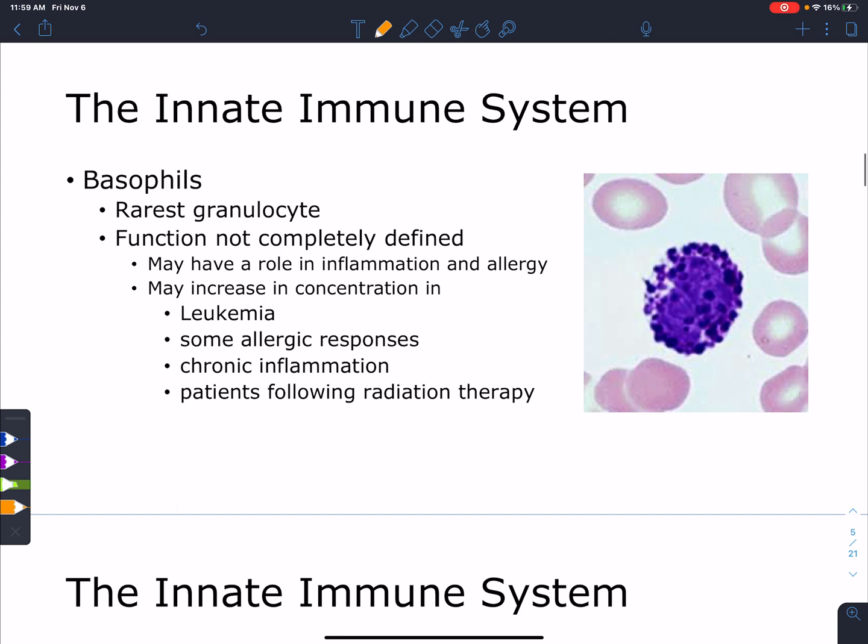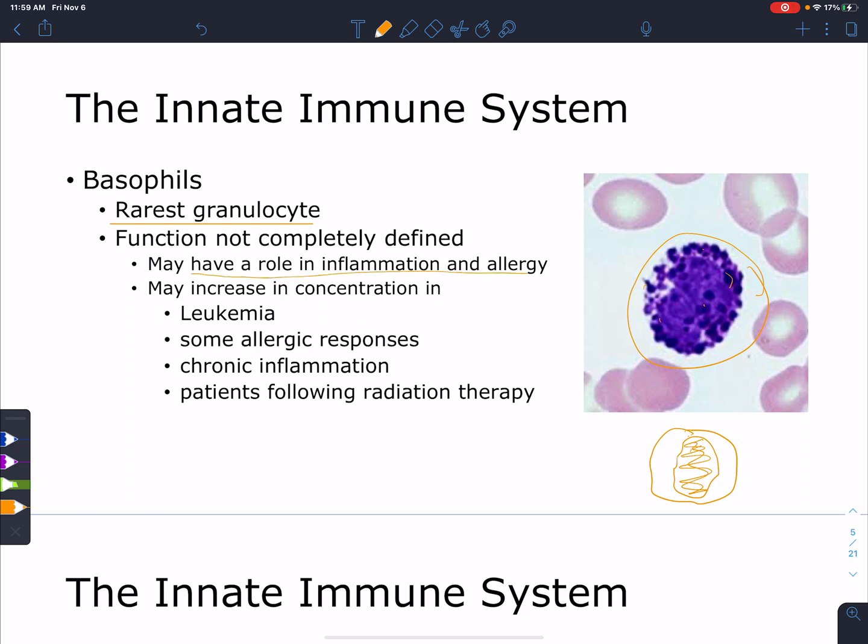You don't see a lot of them. So basophils, this is the rarest. You don't see many of this guy at all, and you can see those little black dots in there. Unfortunately, a lot of times when he gets stained, those black dots actually get washed out, and he's not nearly that pretty. Again, we don't know 100% what this guy's really good at.